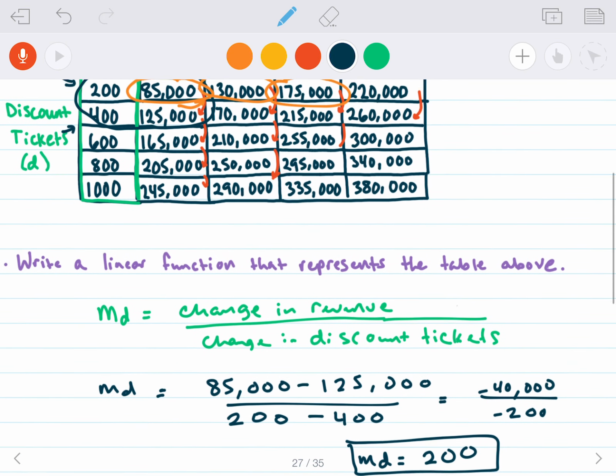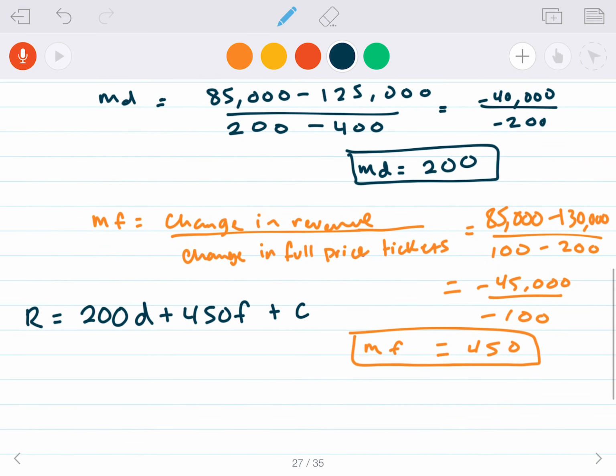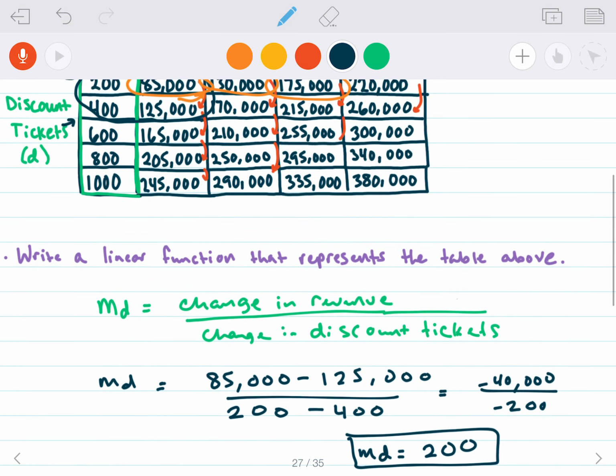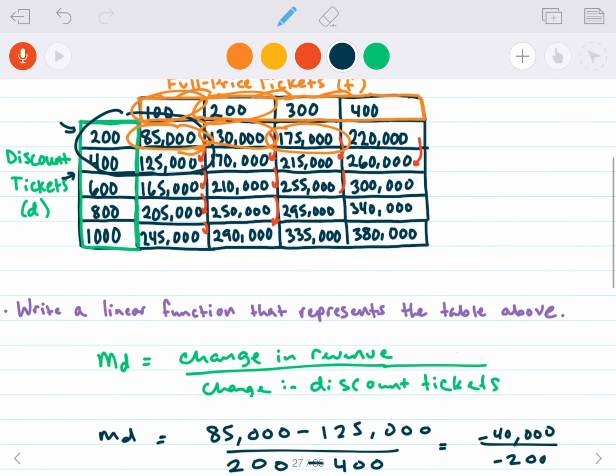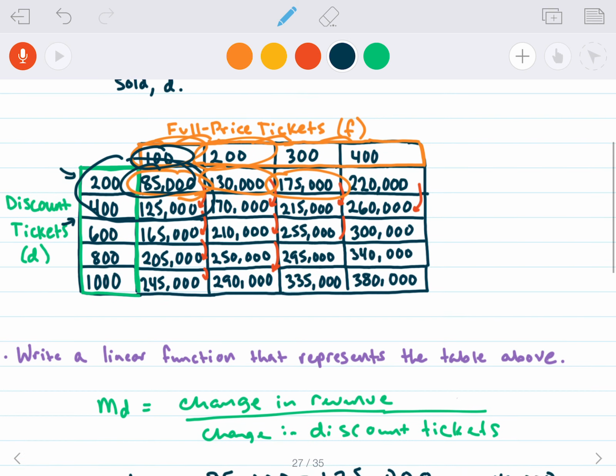But we do have several points that we can use to figure out what C is. I'm just going to use the point D equals, let's see, what's an easy point to use? How about D equals 200, F equals 100, and R equals 85,000.